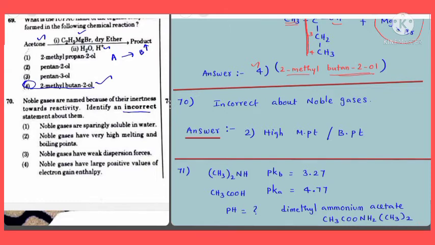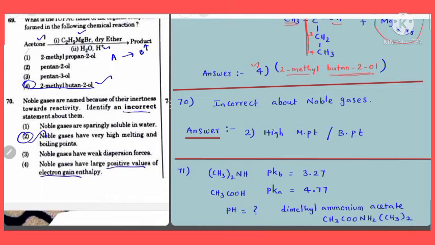Then, noble gases have high melting point and boiling point. That's the incorrect statement. Noble gases do not have high melting and boiling points, so it is incorrect. They have weak dispersion force, which is correct, and noble gases have a large positive value of electron gain enthalpy. This is also a correct statement.